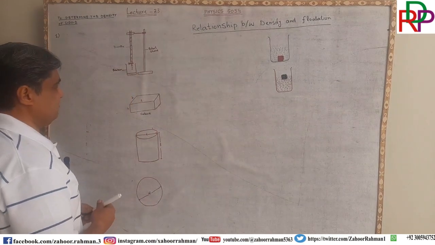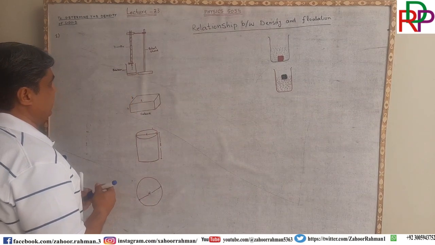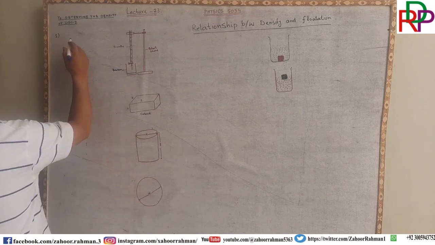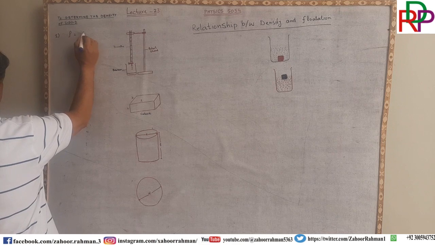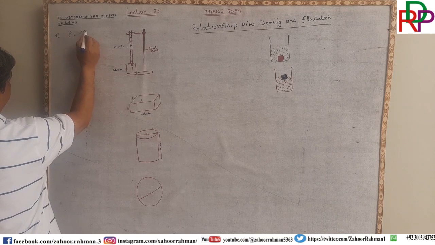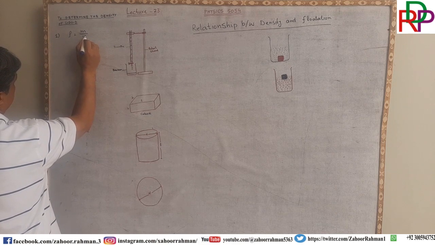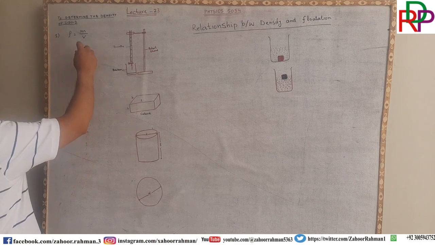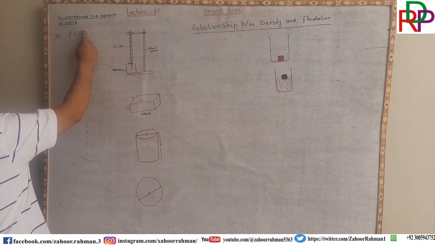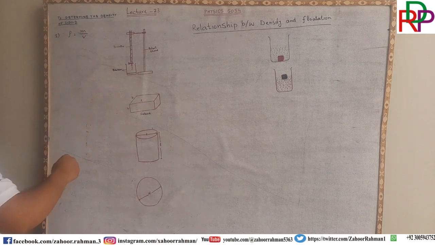Yesterday, ladies and gentlemen, I told you that density, which is denoted by rho, is equal to mass per unit volume. Now, for finding the density, we need two things. One is the mass, and the second one is the volume.